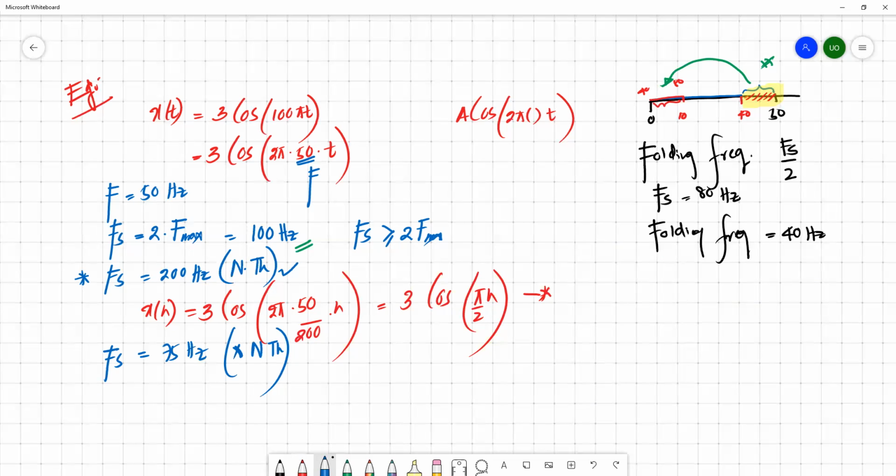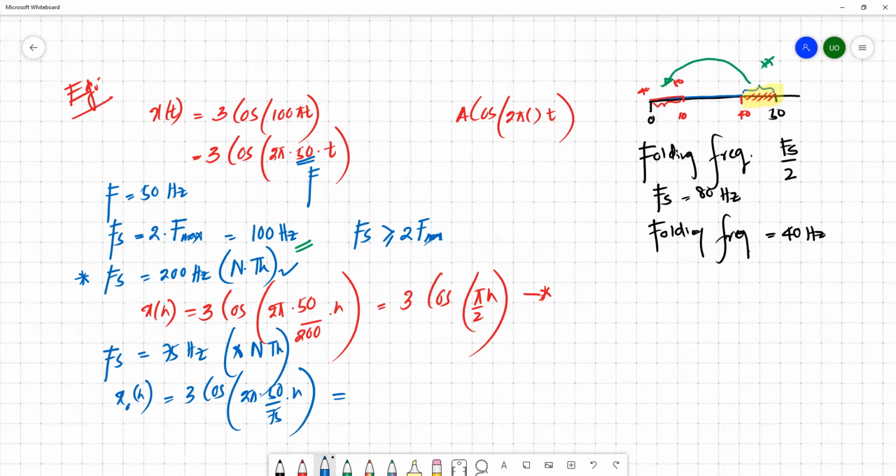If you sample the original x(t) using 75 hertz, it becomes 3 cos 2 pi 50 divided by 75 n.